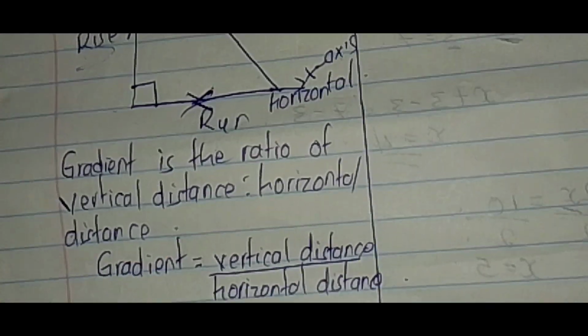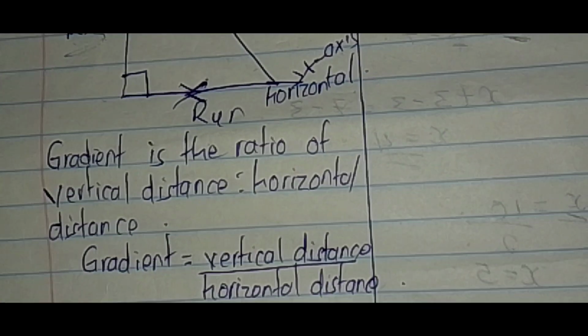So I'm going to do an example regarding that. Determine the gradient of the lines passing through the following points.